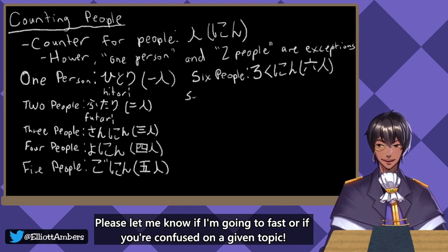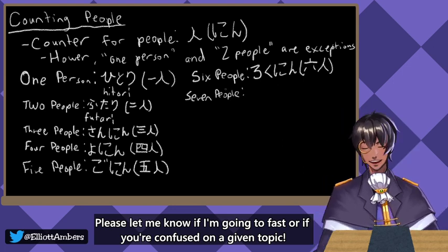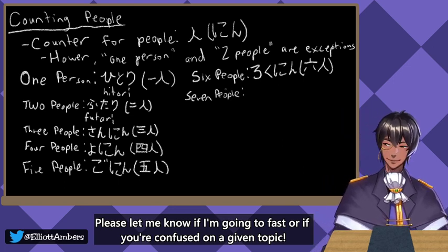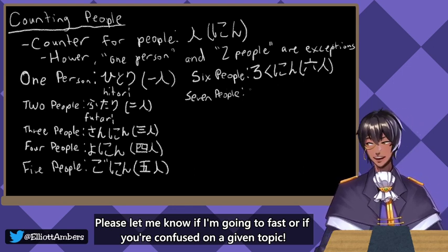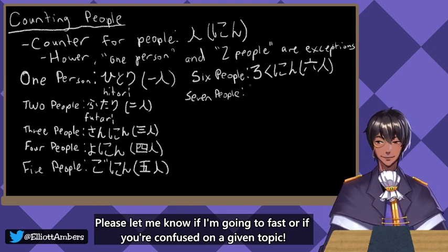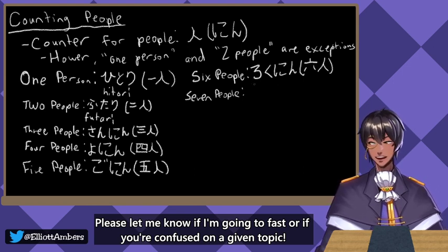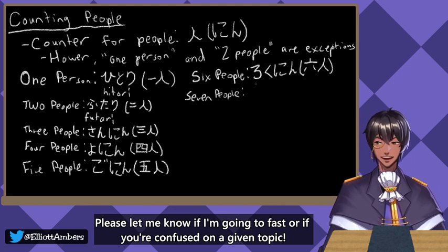Seven people. This one actually kind of is a little different as well. We could do shichinin or nananin. Both of them work. For consistency's sake, for simplicity's sake, I'm just gonna leave it as shichinin because that's what we use to count seven for a lot of other counters, like, oh wait, no, we use shichiji for time.